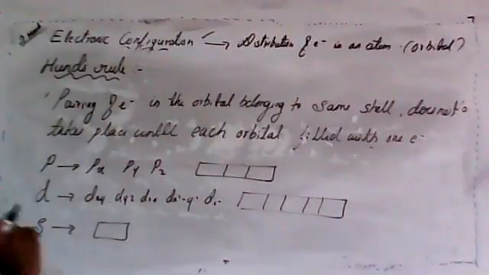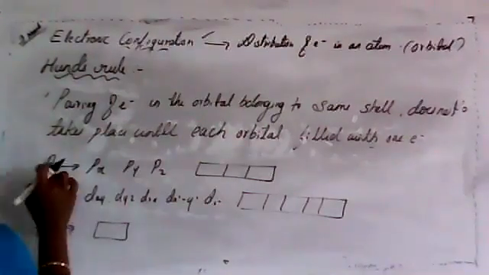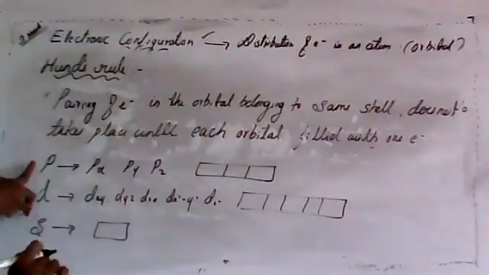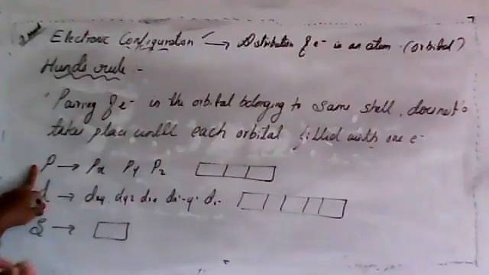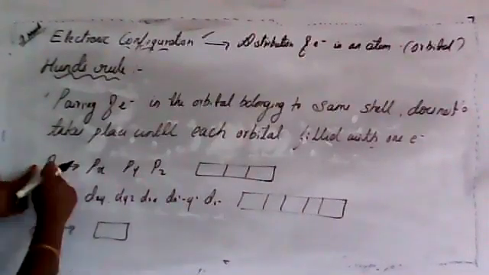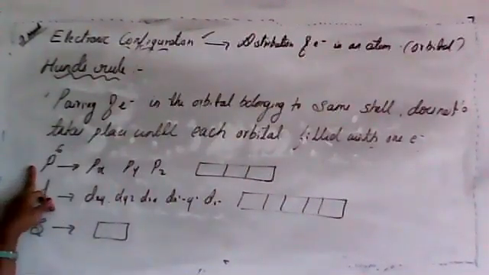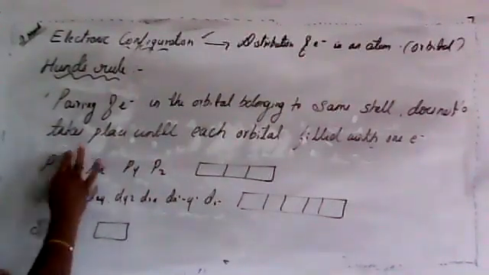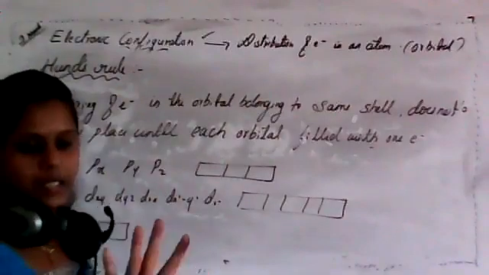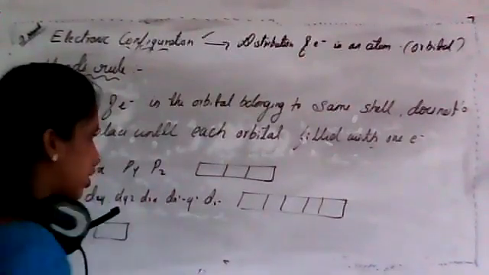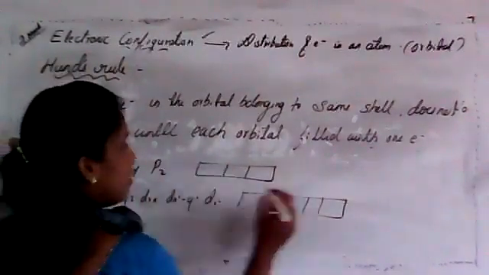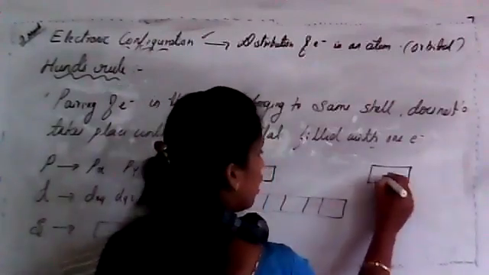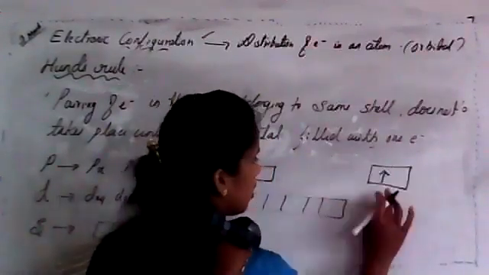Clear? Now a question. We know the maximum number of electrons that can be filled in p orbitals is 6, isn't it? If I consider 4 electrons, see here, one important thing you have to mention.